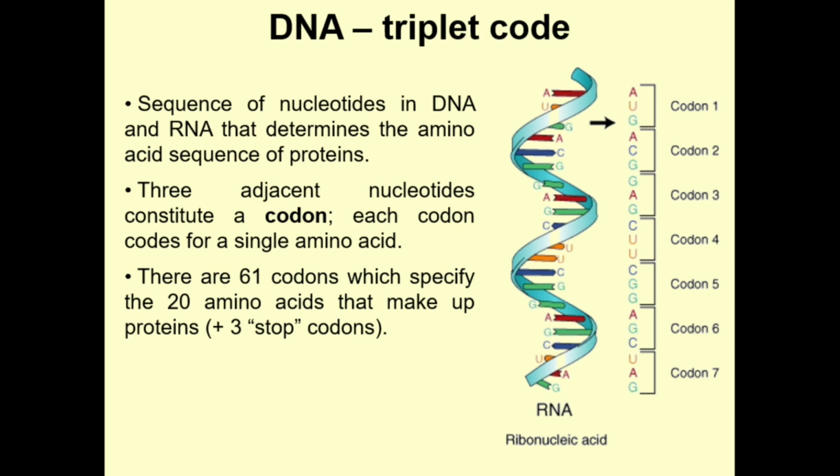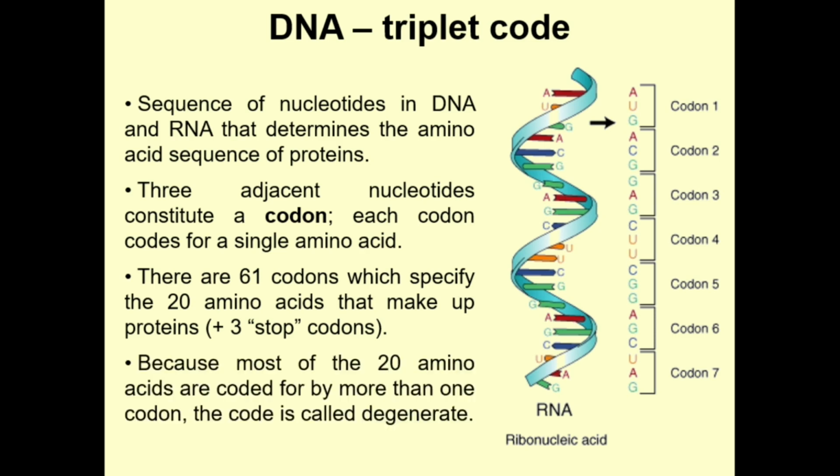So we've got 64 different codons that actually code for our 20 amino acids. This means that we have multiple codons that can code for the same amino acid. And this is a code that we call degenerate because we have multiple different codons that code for the same amino acid. And this just comes down to simple maths.